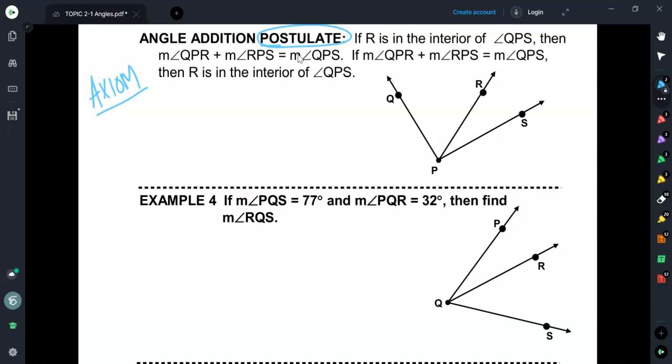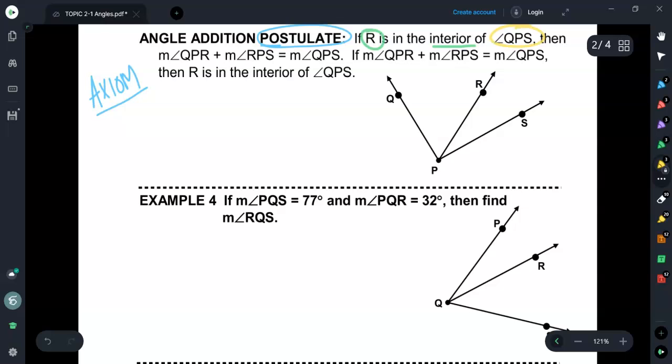We don't prove it. So the angle addition postulate states, if a point, and in this particular example, it just randomly picks R, P, Q, and S. If R is in the interior, so we're going to take this point R and put it inside this angle, QPS.